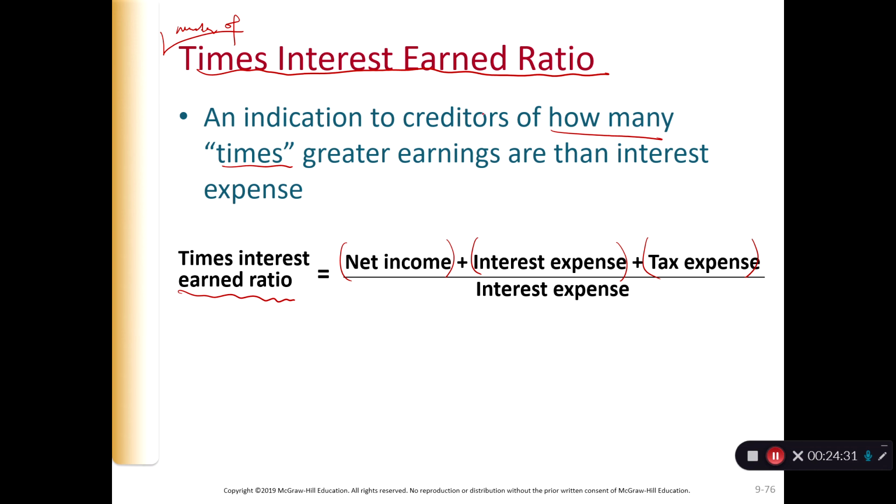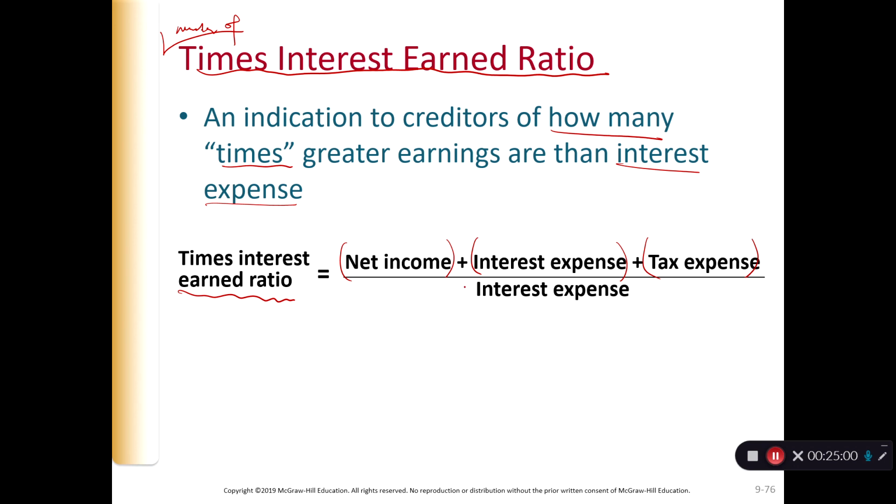And this ratio provides an indication to creditors of how many times the earnings are higher than the interest expenses. Okay, and a company's earnings, which is its profitability, provide an indication of its ability to generate cash from operations in the current year and in future years. It's cash that will be used to pay interest payments.